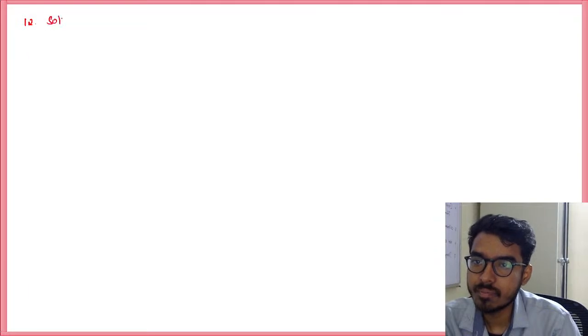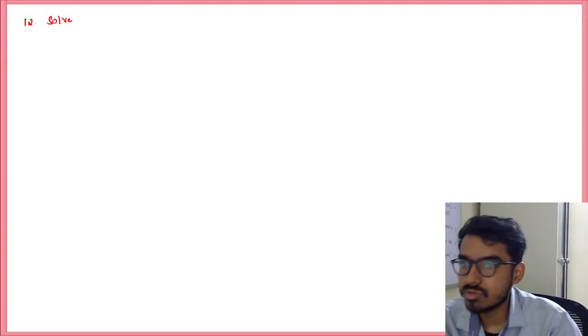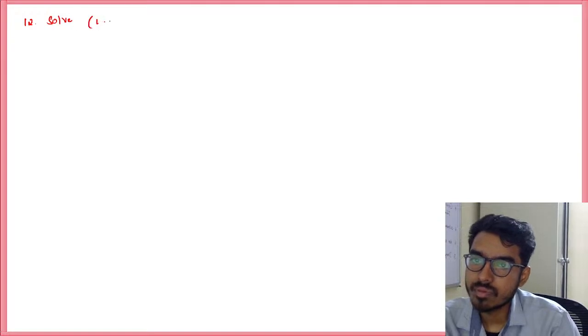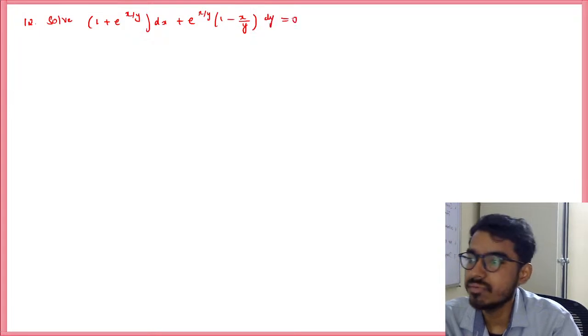12th problem. Solve 1 plus e power x by y dx plus e power x by y into 1 minus x by y dy is equal to 0.